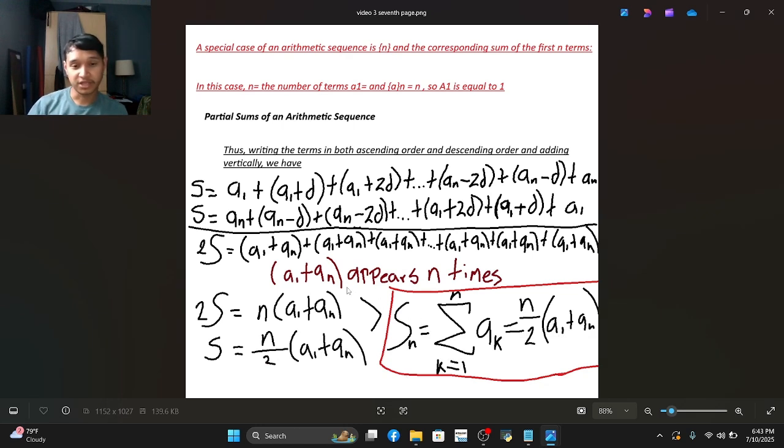So let's put it in context. Let's write it down. a_1 plus a_n appears n times, right? But what's n? n is divided by 2 times the summation. So we have this part.